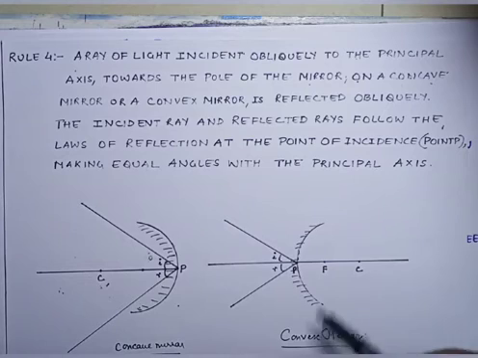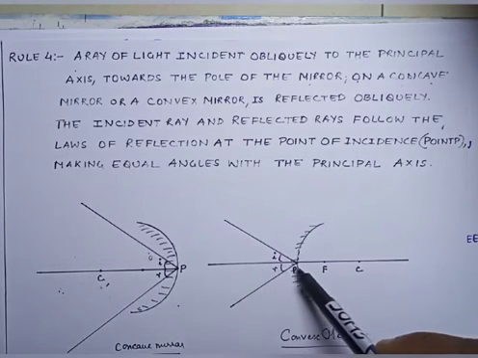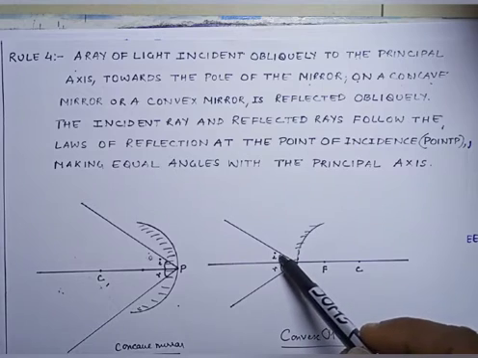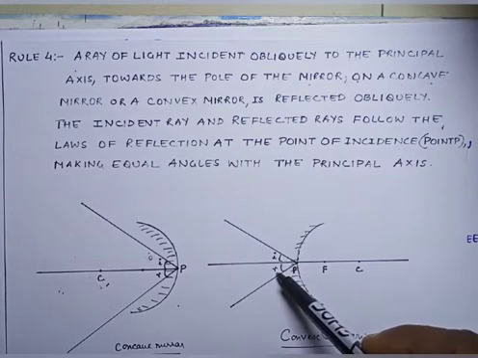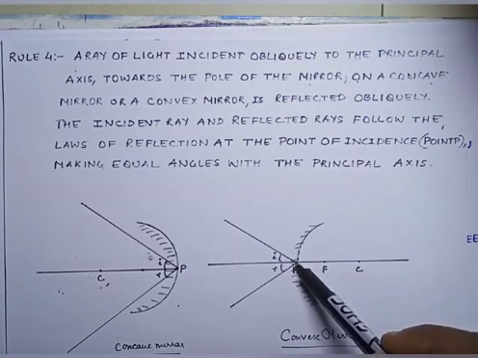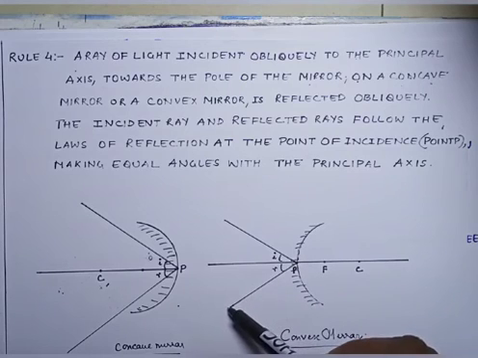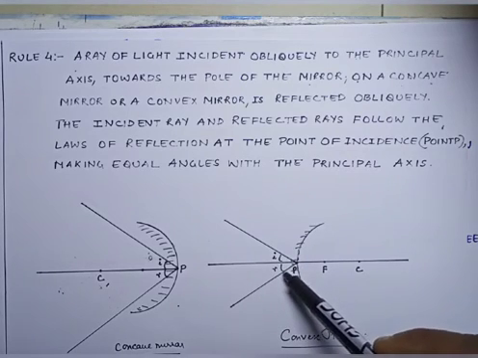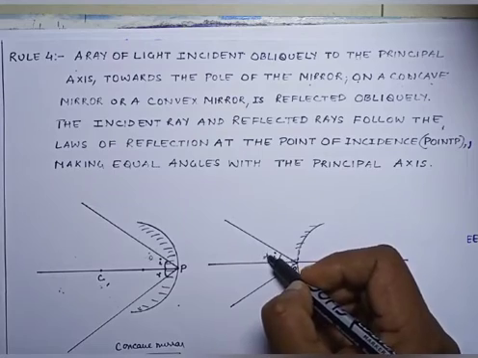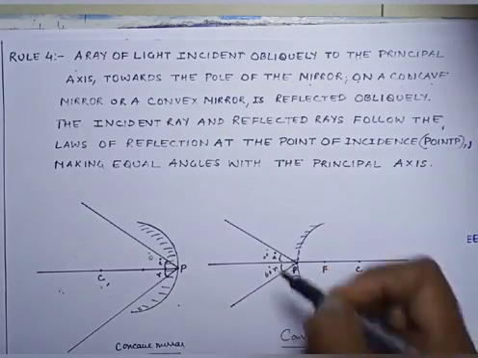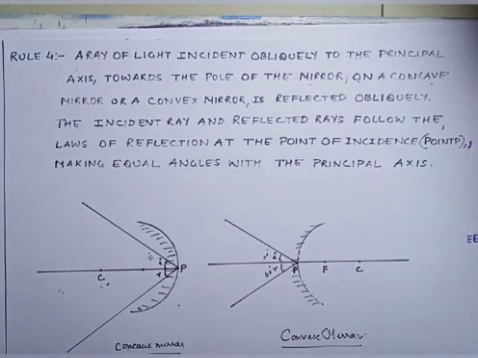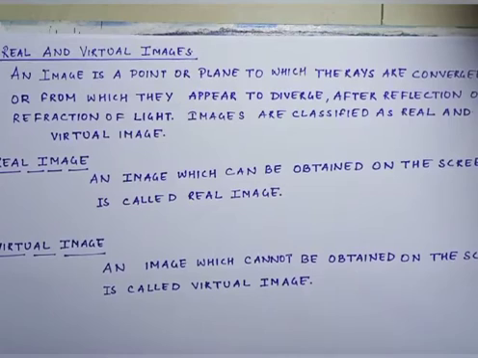In a convex mirror, if a ray of light strikes the pole, the same rule applies: angle of incidence is equal to angle of reflection. After striking the mirror, it will reflect back making the same angle. If this angle is 60 degrees, this should also be 60 degrees. I hope all the four rules are clear to everyone.